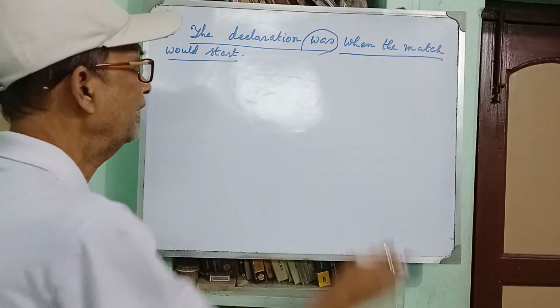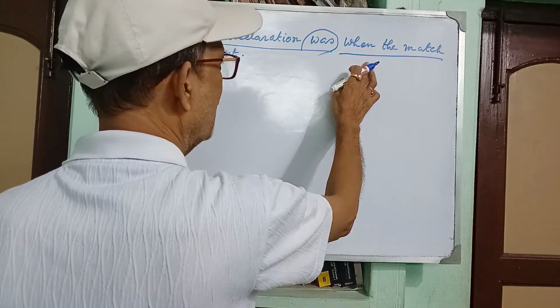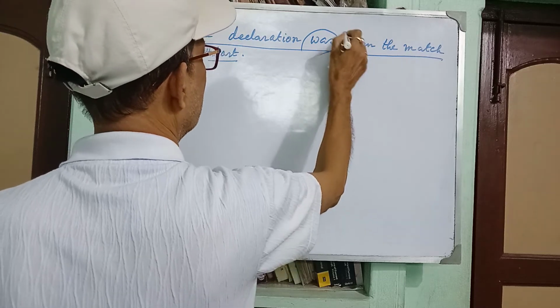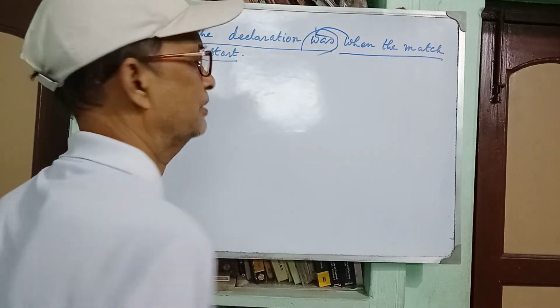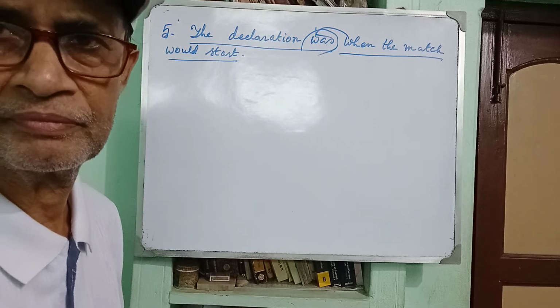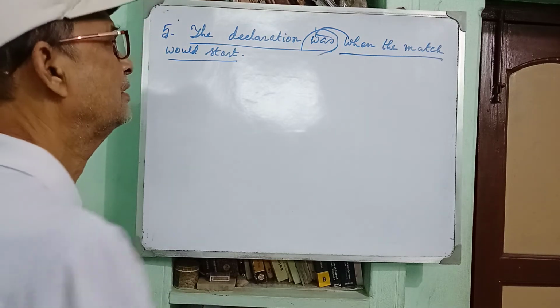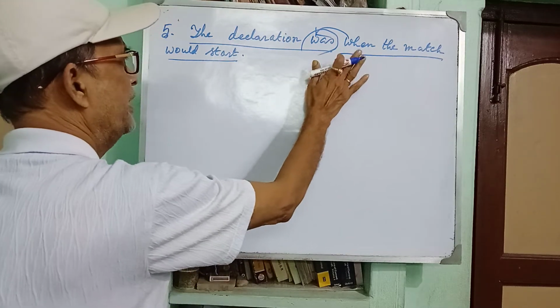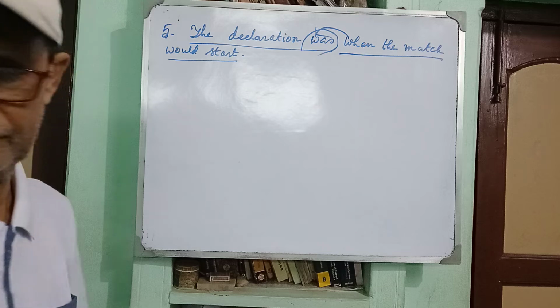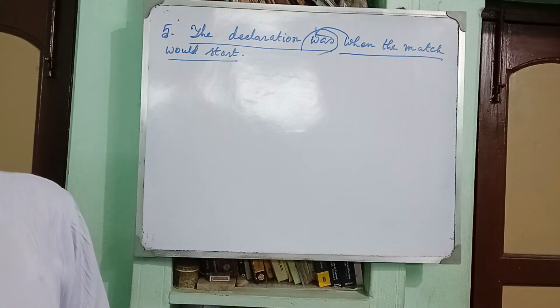So, it is the noun clause complement to the verb was. Was is being explained by this clause, and it is called noun clause and complement to the verb was. Clear?